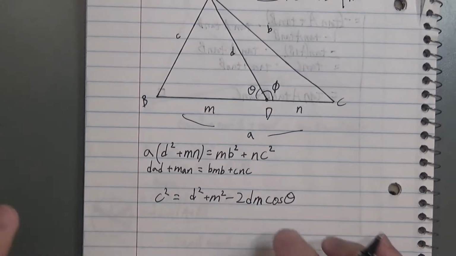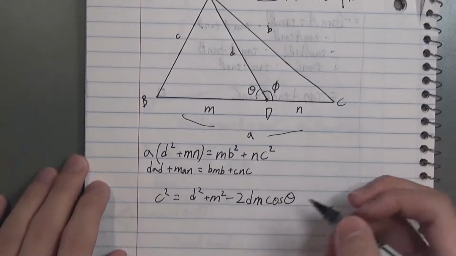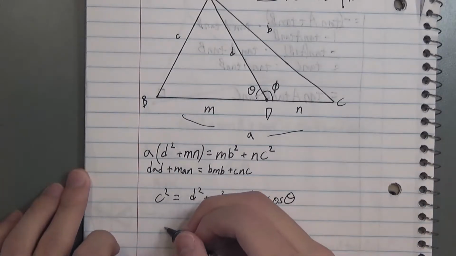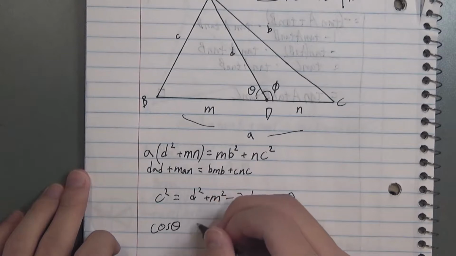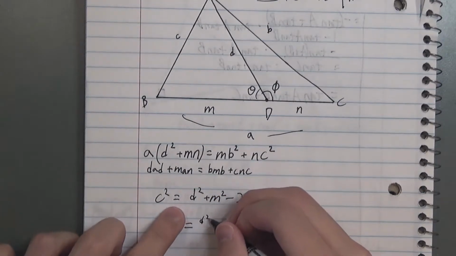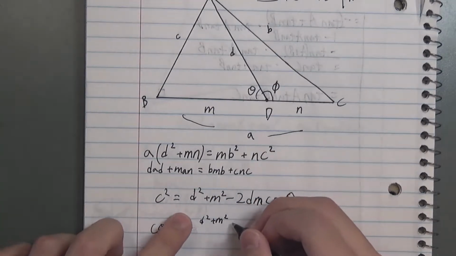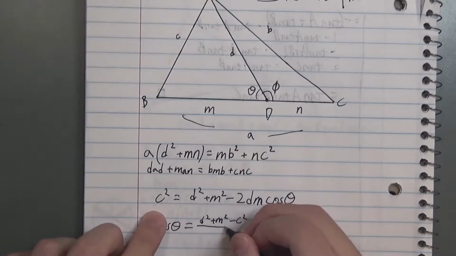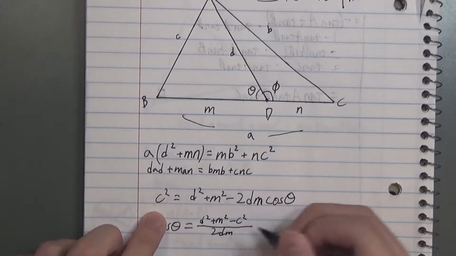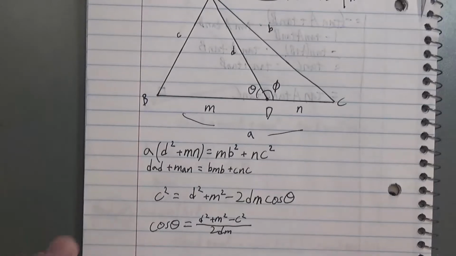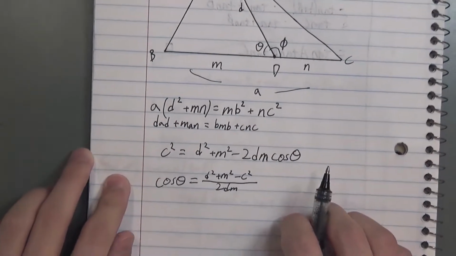Just do some algebra, isolate it. So let's rewrite this real quick as cosine of theta equals d squared plus m squared minus c squared all over 2dm. Do the math. It checks out, if you can see that.